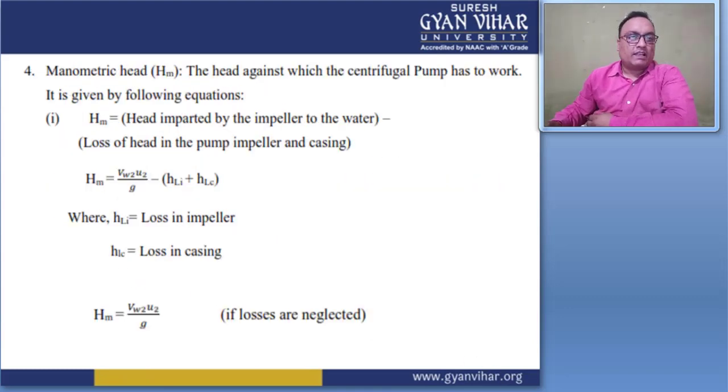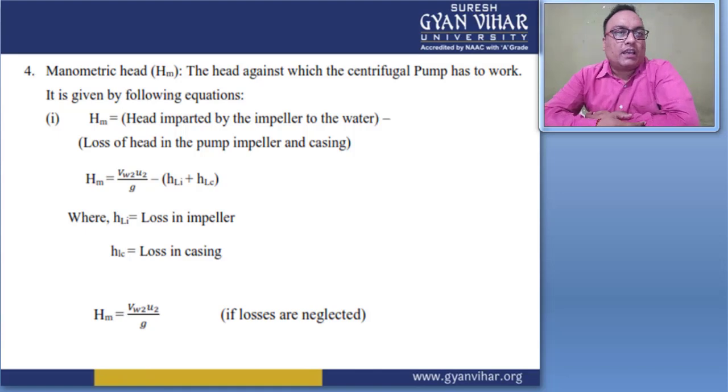And some more heads are here. This is the manometric head, given by capital H with suffix M, Hm, and it is the head against which the centrifugal pump has to work. It is given by the following equation: Hm equals the head imparted by the impeller to the water minus the loss of head in the pump impeller and casing.